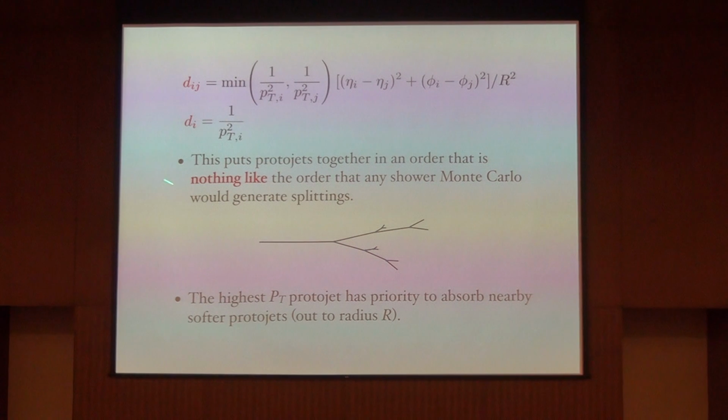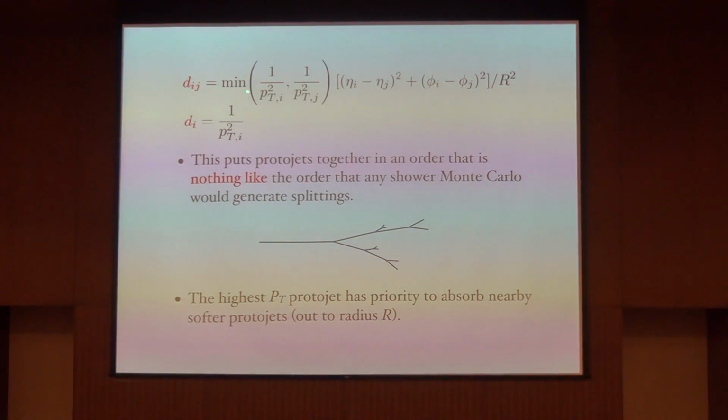So one mother parton divides into two partons, and that divides into two more, etc. The kT algorithm has a chance to put things together in the way they were made. There's no definite way that a given bunch of protojets would have been made. If you ran Pythia to do it, Pythia would sometimes make it one way, sometimes another. But at least the kT algorithm is a plausible way.